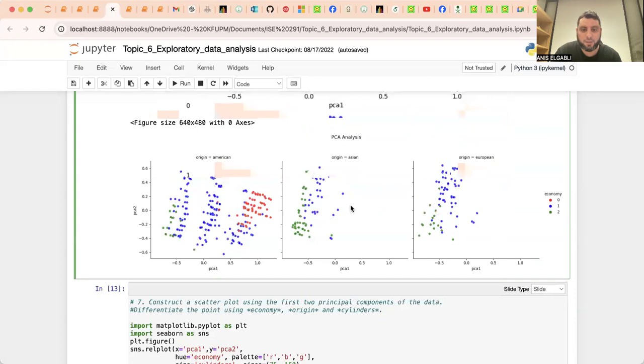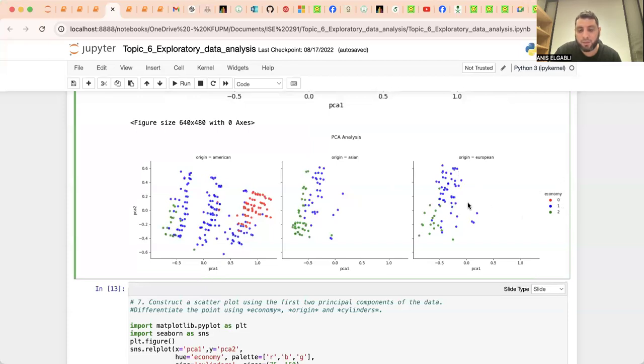These are the three subplots here. So the origin is American here. We are plotting BCA1 versus BCA2, and the color is used to differentiate the economy. For example, if you look at the European ones here, they are all between class one and class two for the economy.